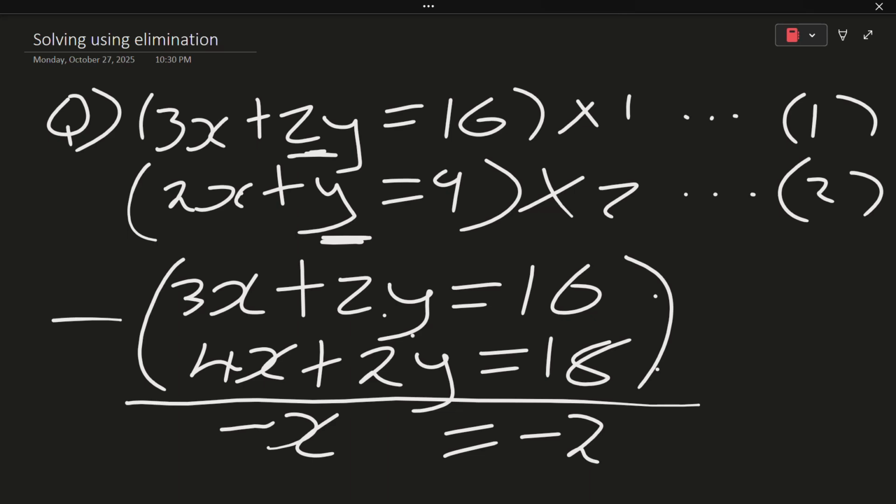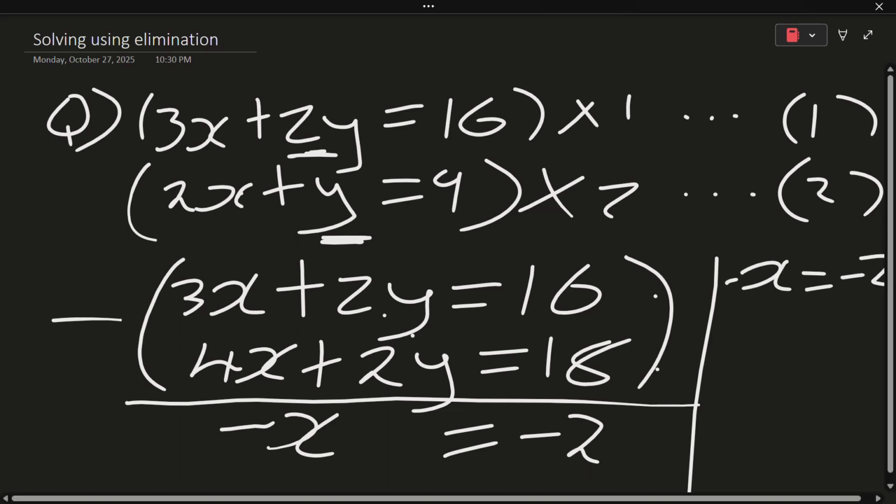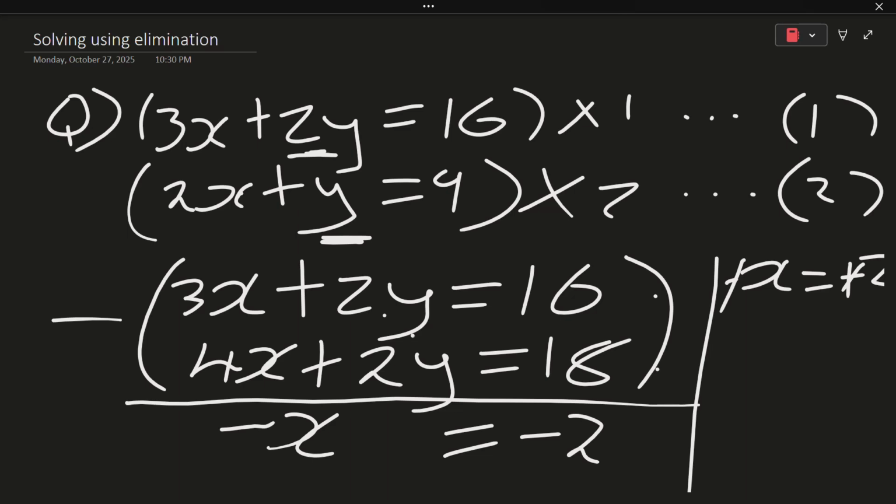So we can simply see that this negative x is now equal to negative 2. Negative x is equal to negative 2. And the negative signs will cancel each other, meaning to say x is equal to 2.